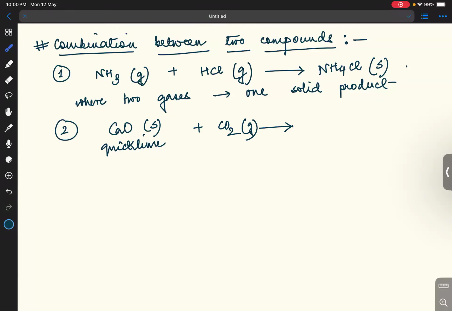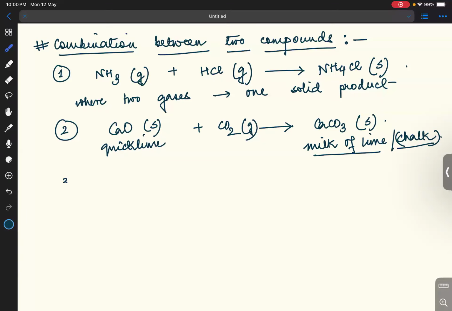So when we pass carbon dioxide over quicklime, we get a solid which is calcium carbonate. Calcium carbonate is solid. It's a constituent of chalk, but the common name is milk of lime.